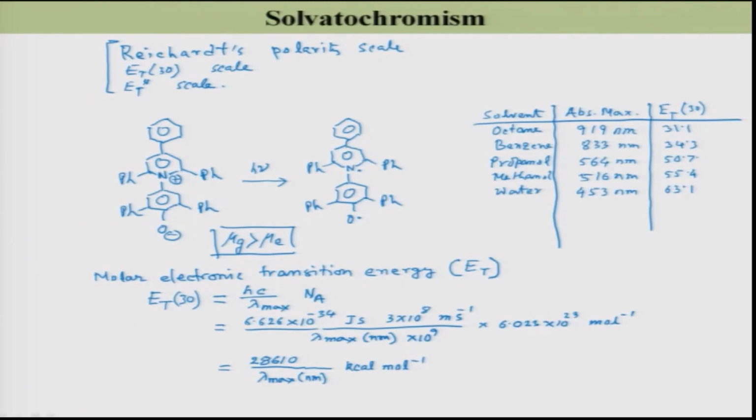However, as you can see here, these values start from 31 for a very non-polar solvent, and for the most polar solvent this value is 63.1. So, this is actually not that good a scaling. The scale should start from 0 and go to 1, or 100 and 0, and then the scale looks much better. So, what he did was just normalize.